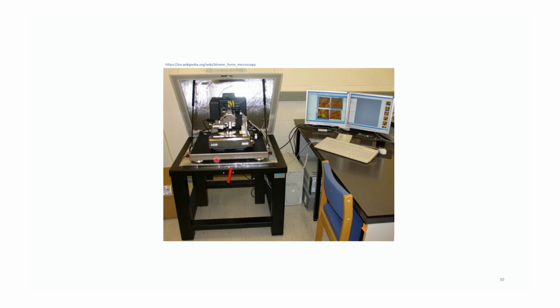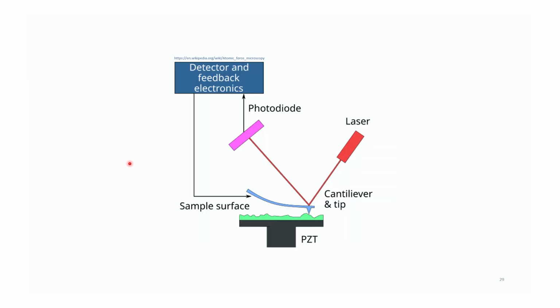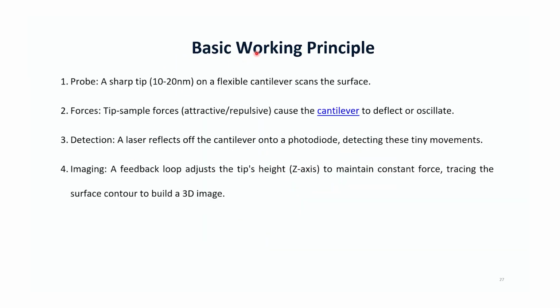And this is the instrument. This is your atomic force microscopy instrument, and that's your monitor where you see the image. Here you put your sample and it is analyzed over here, and here you get your 3D image. Let's see the basic working principle again.